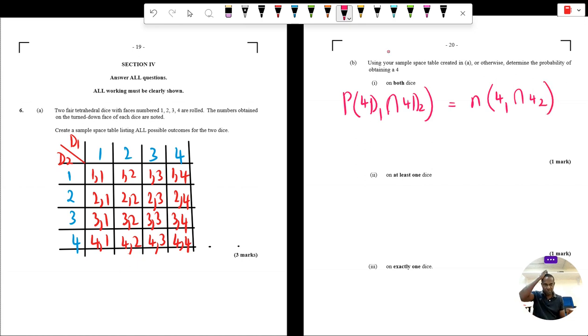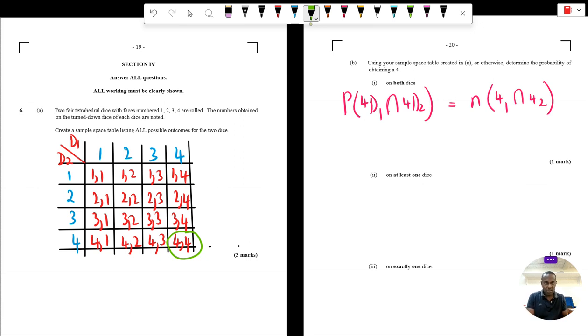Right? That's just a better way of representing it. Now, if we go to our table, how many outcomes do we have with a 4 on die 1 and a 4 on die 2? The answer there is 1, which is this right here. So we have one outcome where we have a 4 on both dice.